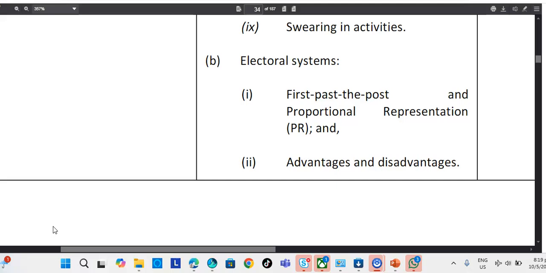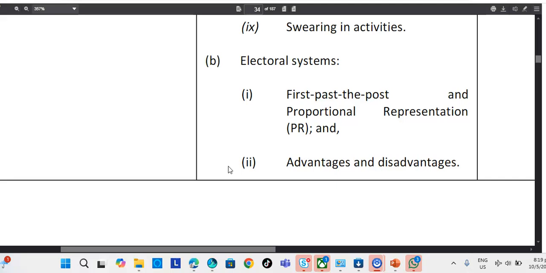But before we look at the proportional representational system, we have to look at the advantages and disadvantages of the first past the post system. Then we're going to look at the proportional representational system. Now, two advantages of the first past the post system is that this system improves the chance of one political party gaining majority of seats, thus forming the ruling party.